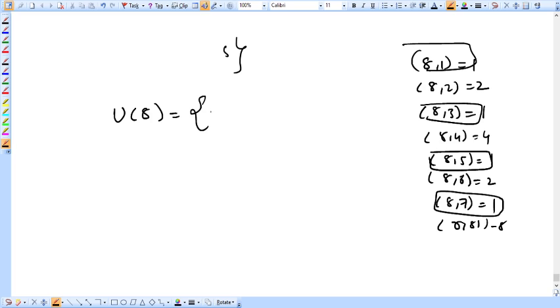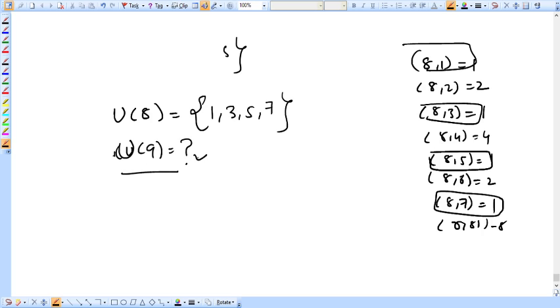So this set will contain 1, 3, 5, 7. And U9, how much will U9 be? You do it by yourself, and also calculate what is U10.